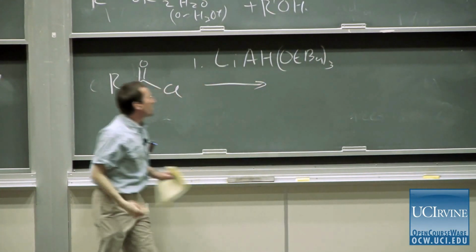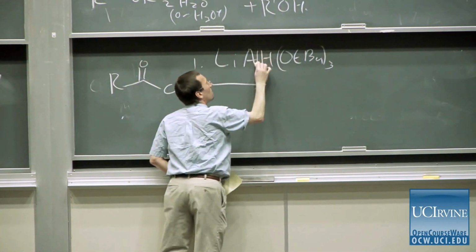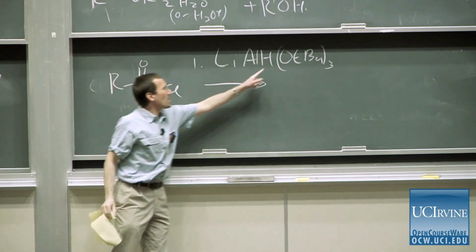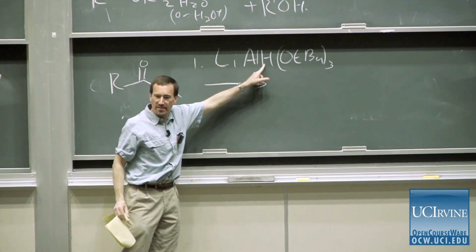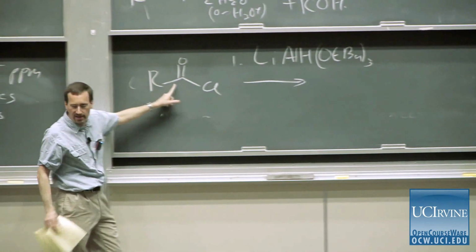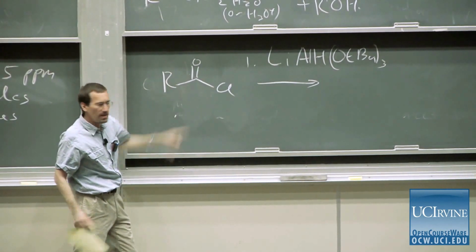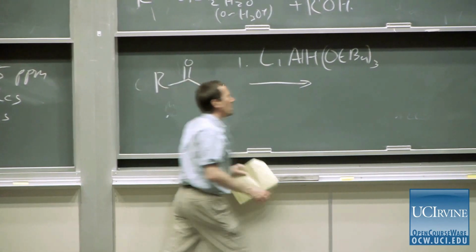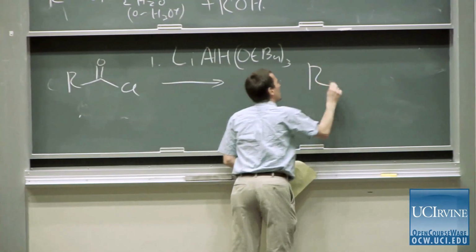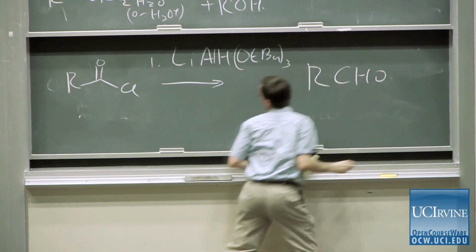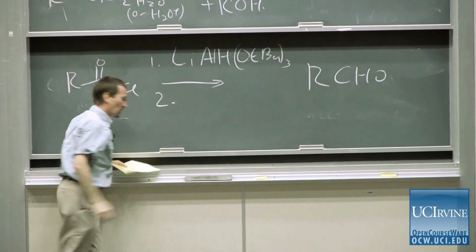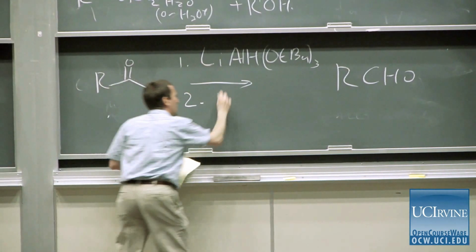This reagent barely wants to transfer hydride, but the hydride is nucleophilic enough that the very electrophilic acid chloride can be reduced selectively to the aldehyde. And again, you need some type of aqueous workup in this, water or aqueous acid.